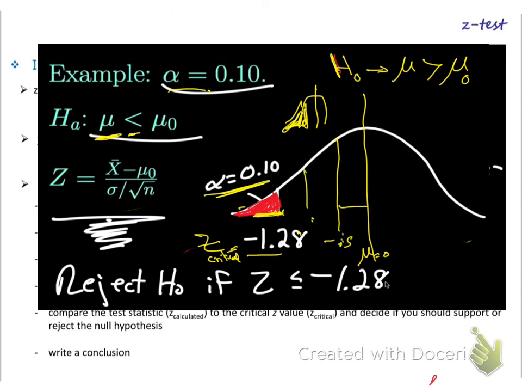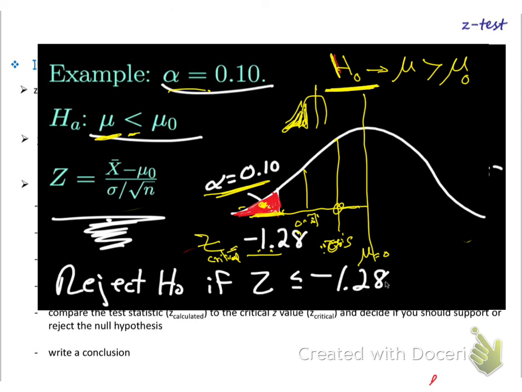So as far as I go to the left, the value will be smaller, because minus 0.7 is smaller than minus 0.5, and minus 1.28 is smaller than minus 0.5. So if the value falls within this range, the null hypothesis will be rejected.